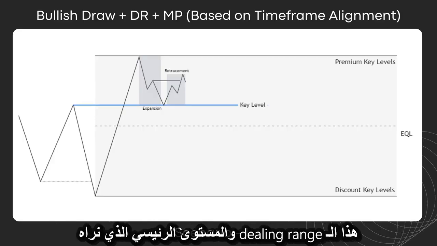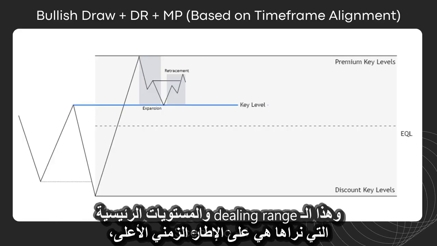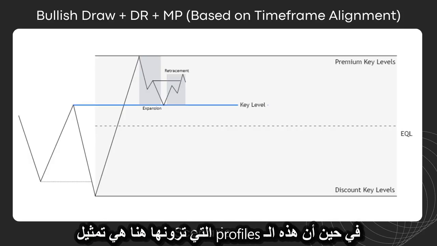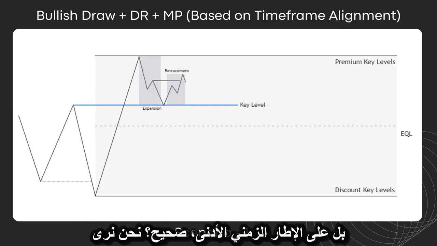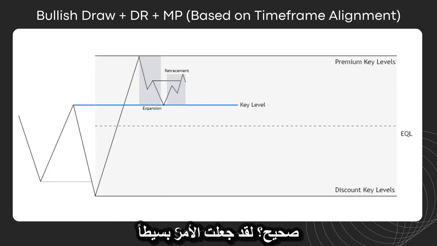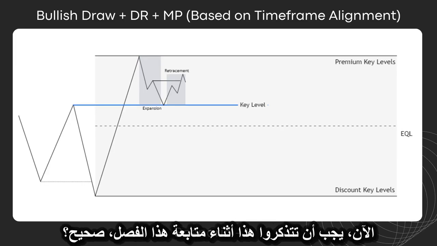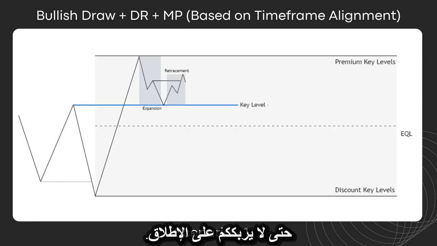This whole dealing range and these key levels we are seeing are on the higher time frame, whereas these profiles that you are seeing right here are a representation of the lower time frame, right? We are seeing what's happening on the lower time frame. I've just made it simple and plain for you on this graphical representation. Now you must remember this while going through this chapter, so it doesn't confuse you at all.